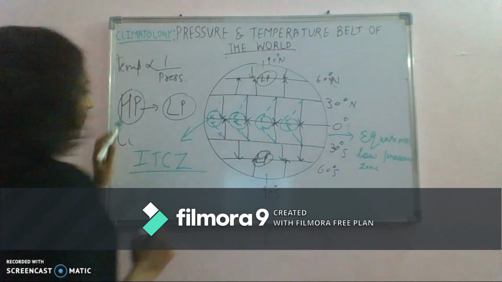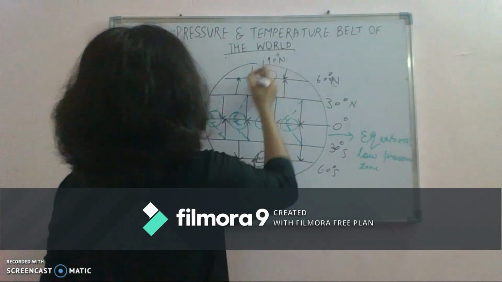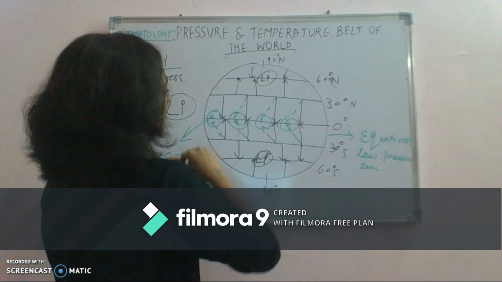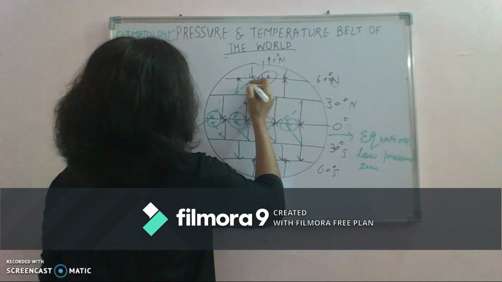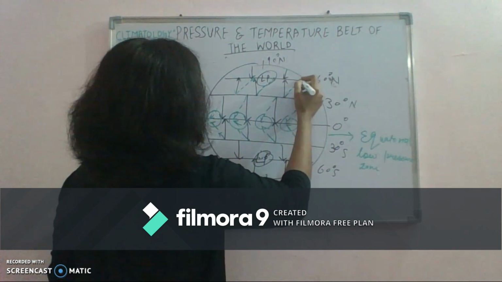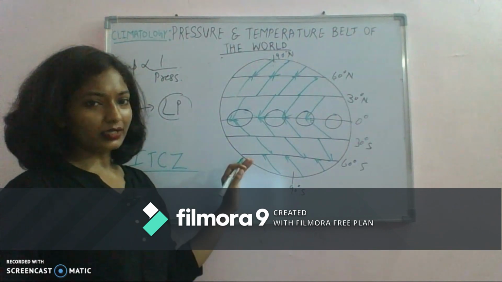Again we apply the Coriolis force here. In the northern hemisphere the wind deflects to its right. That means now the original direction will be this. So the final pattern of the wind will look like this.